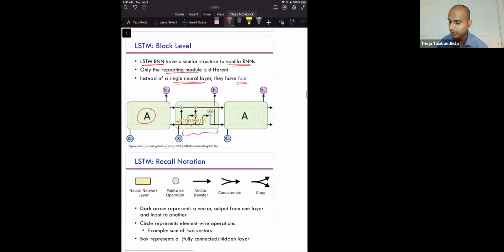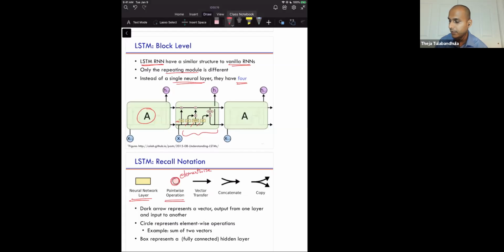Just recall, yellow blocks are neural network layers, and we're going to use these circular red or pink circles to represent point-wise operations. Point-wise operation means element-wise.